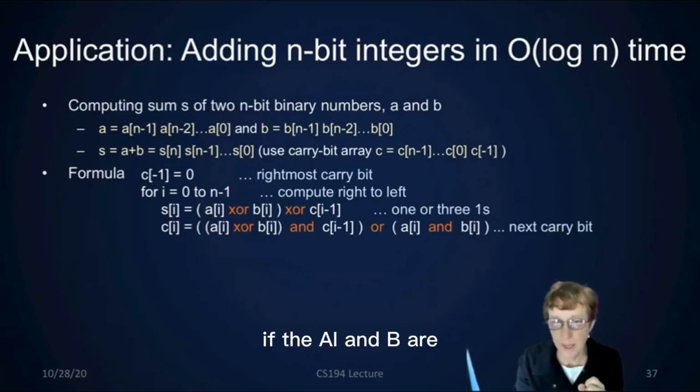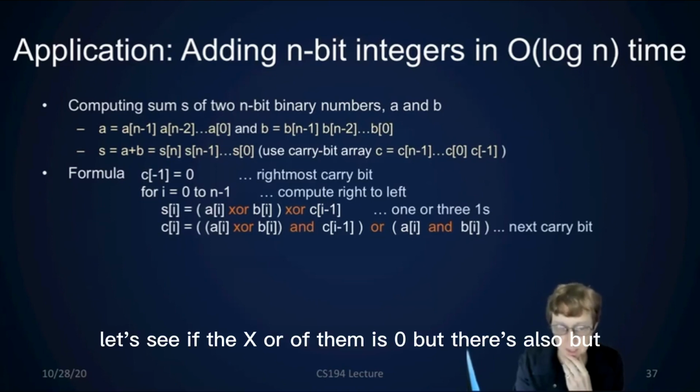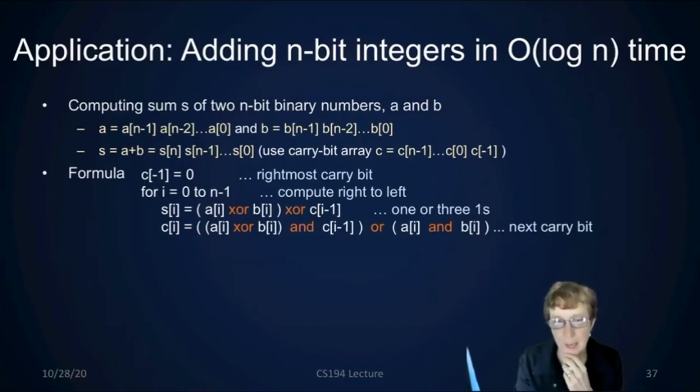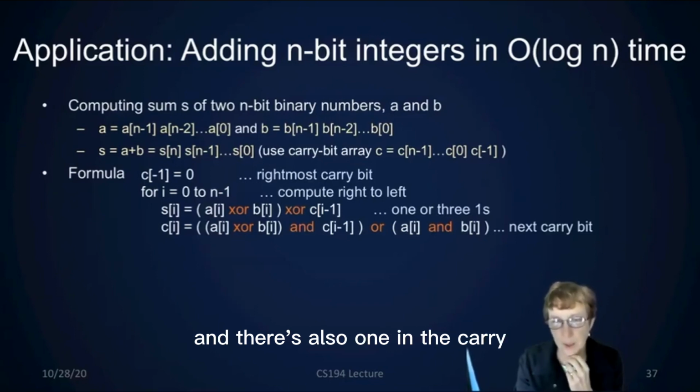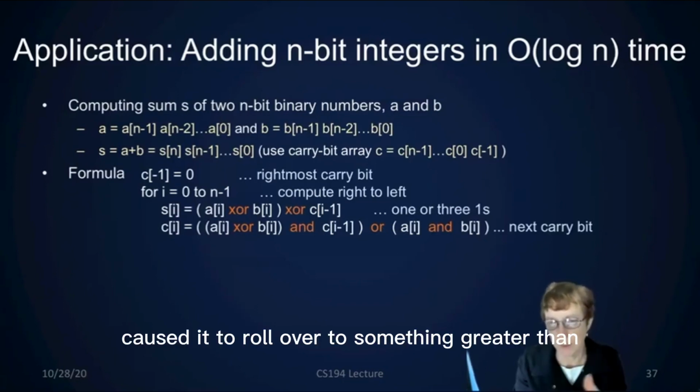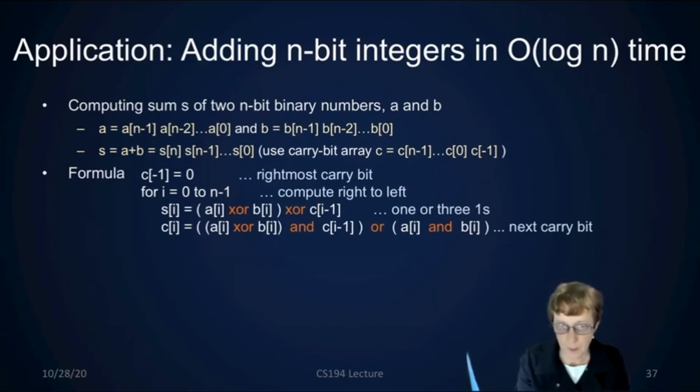And if the XOR of them is 0, but there's also a 1 in the carry, then we end up with a 1. That says the carry caused it to roll over to something greater than 1.